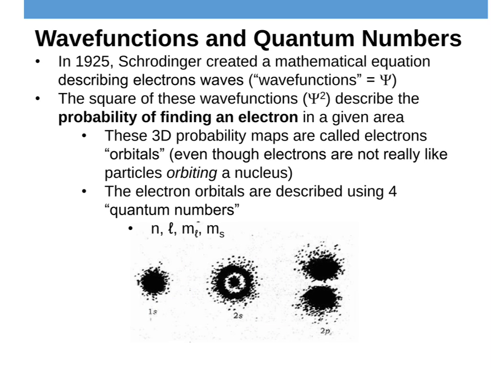So back in 1925, Schrodinger created this mathematical equation that described the electron waves, right? Remember that electrons have particle and wave-like properties, that their wavelength ended up being about 20% of their size, so it was significant. And these mathematical equations that describe those electron waves are called wave functions, abbreviated with the Greek letter psi.